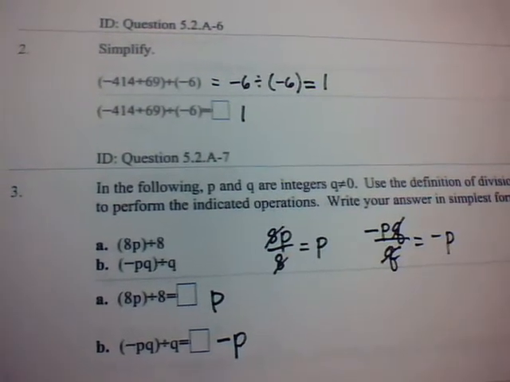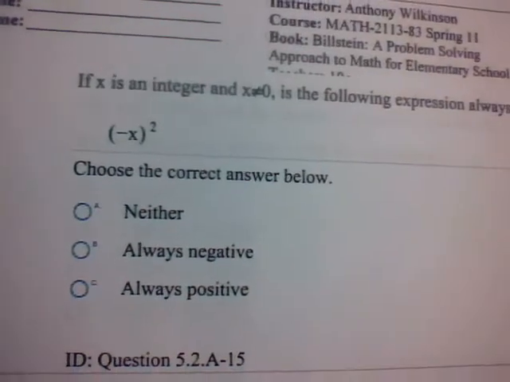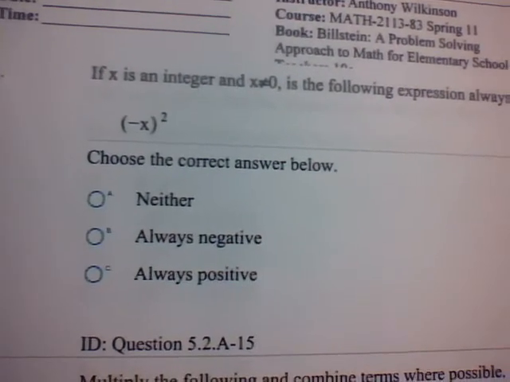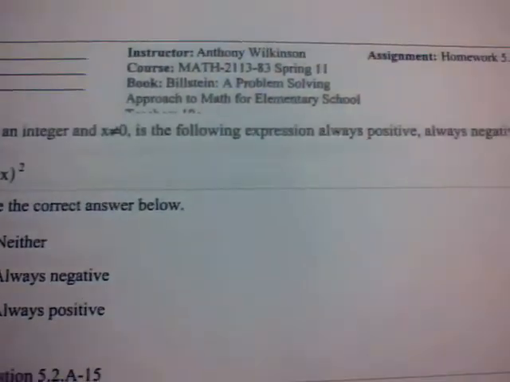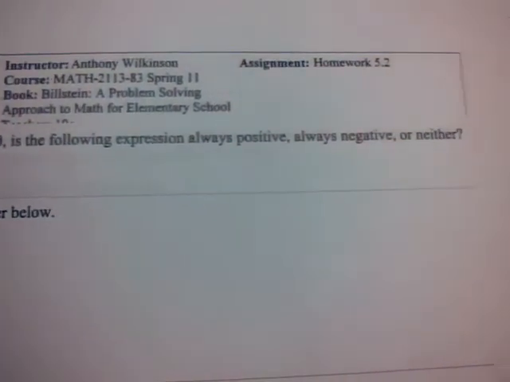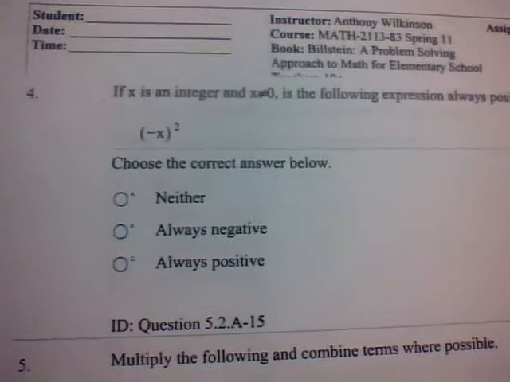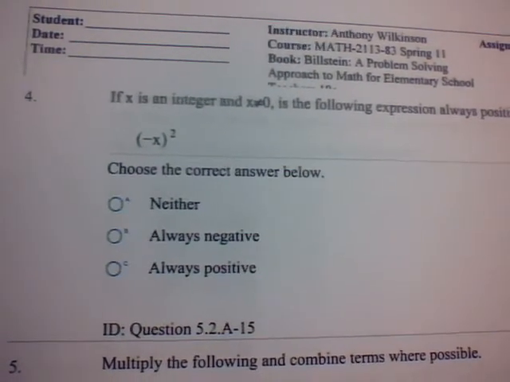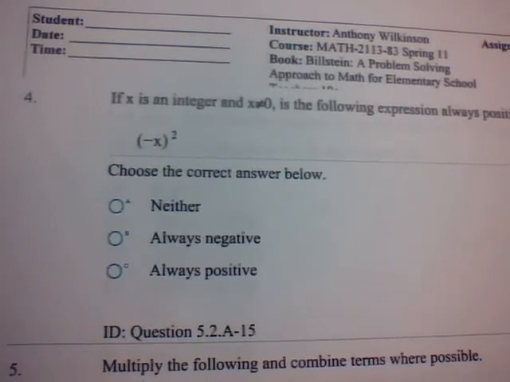All right, take a look at problem number 4, where if x is an integer and x is not equal to 0, is the following expression always positive, always negative, or neither? In this case here, -x, and it's going to be squared.